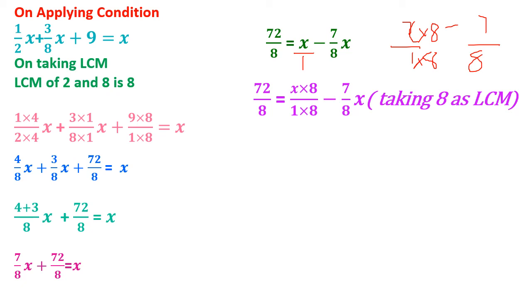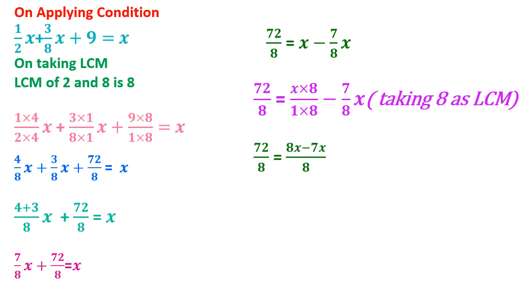And now you can see we get 8x upon 8 minus 7 upon 8x. Now what will be the next step? 8x minus 7x is 1x. Here also in the denominator we are having 8 and in the LHS also we are having 8. So what will happen with that 8? Let us see.